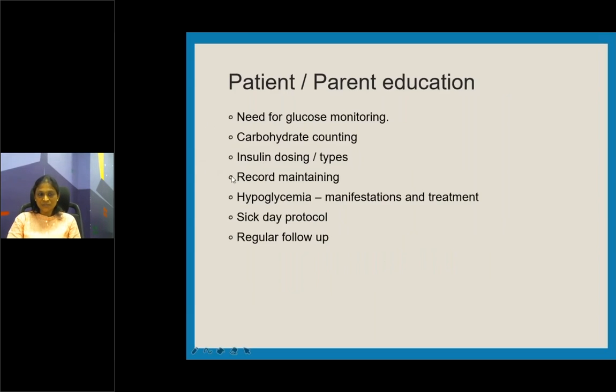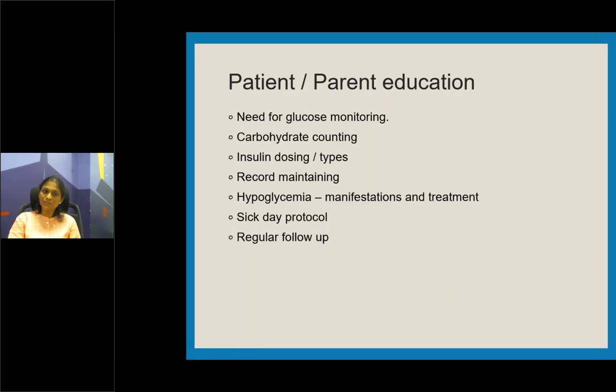After switching over to insulin, we usually take a detailed endocrinology consult, take a dietitian's opinion, and do detailed patient and parent counseling. The treatment of DKA is not successful until we do this parent or patient education. If this is not done, they're going to go in for DKA again and again, and they're going to have serious poor outcomes.